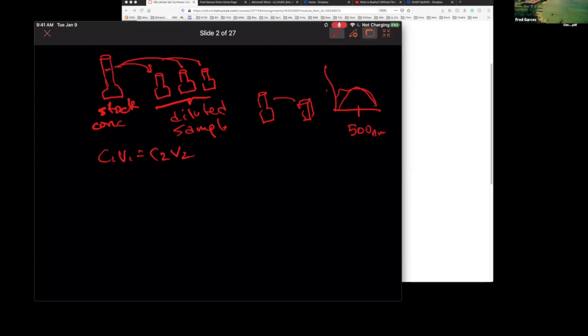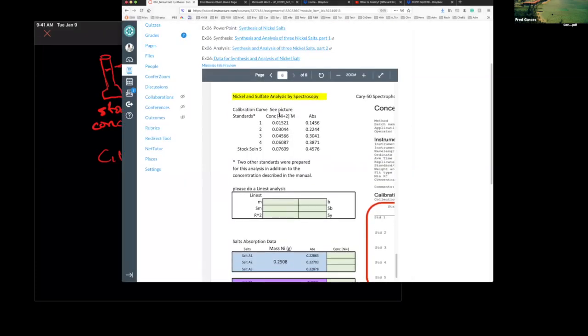And depending on the concentration, that absorbance will increase, because the absorbance is going to be a function of the concentration. So we're sitting at about 500 nanometers. We're reading the absorbance for all of these solutions. And now we can plot the absorbance versus concentration. And that's the data that you see right here.